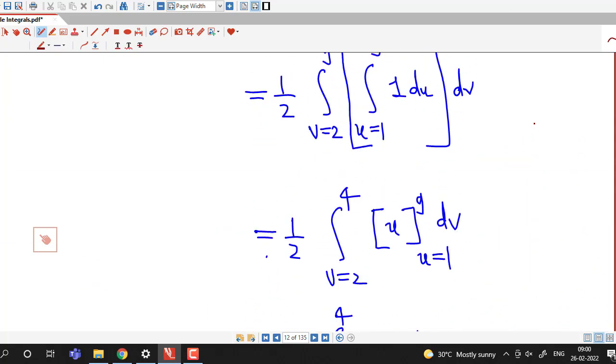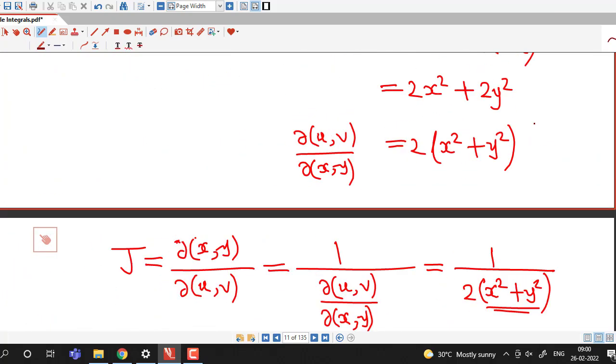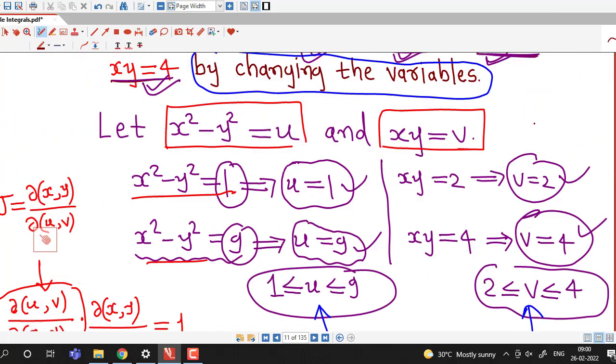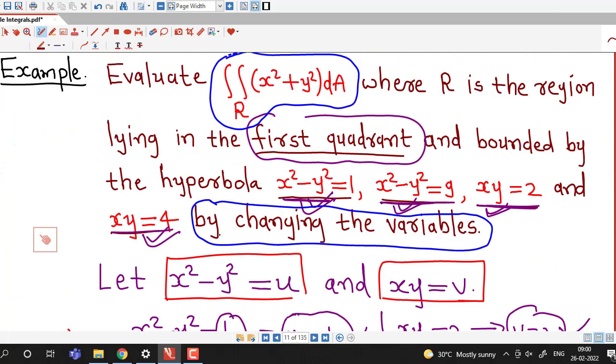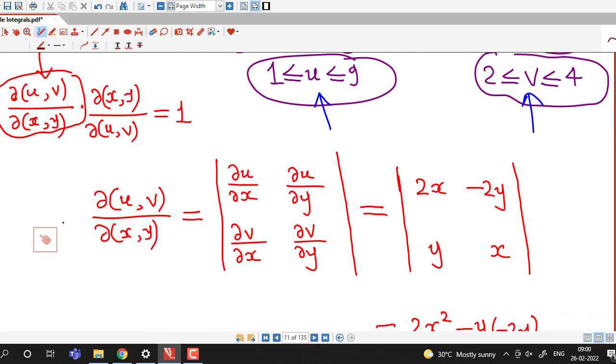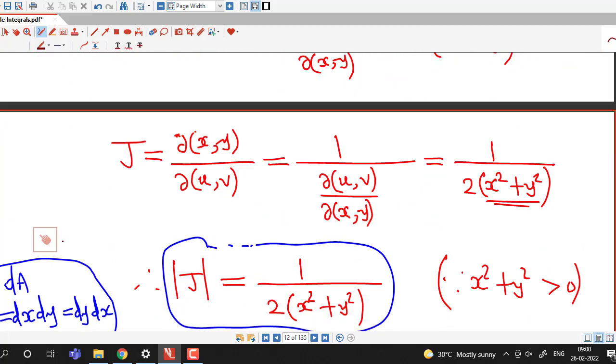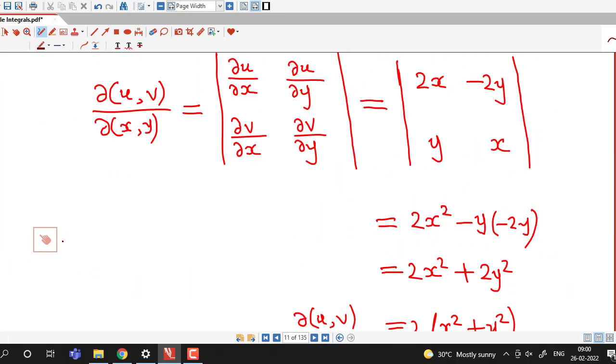So even if you are not told to do this problem using change of variables, it is advisable to do it by changing the variables, because by changing the variables, the limits of integration become constant. The region which we obtain in the UV plane is a rectangular region.